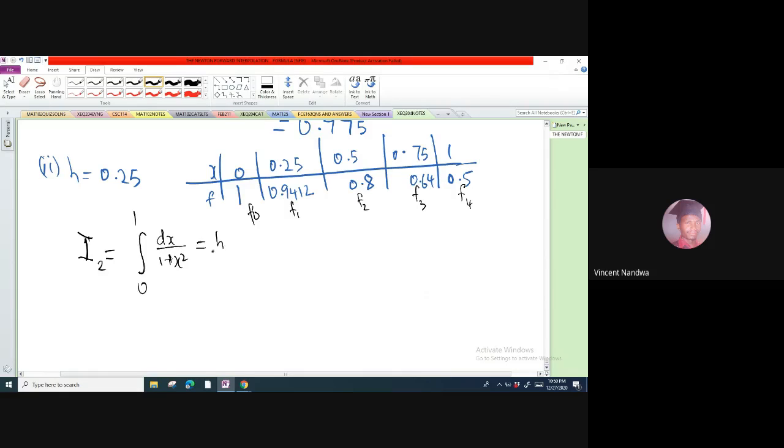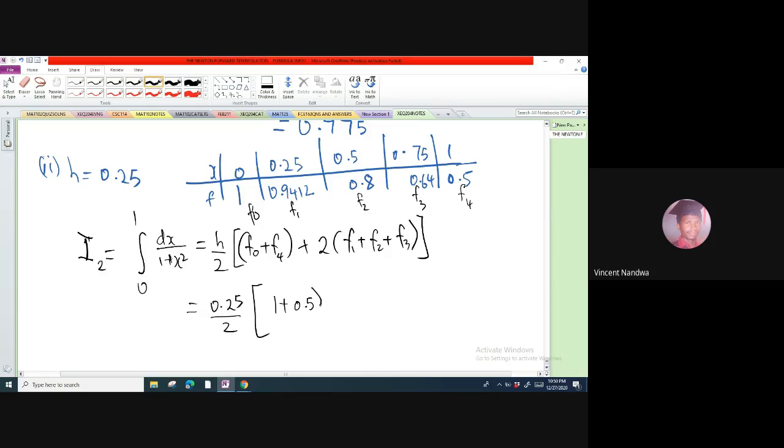By trapezoidal rule, we have h over 2 into f0 plus f4, and then plus 2 into f1 plus f2 plus f3. This will be 0.25 over 2 into 1 plus 0.5 plus 2 into 0.9412 plus 0.8 plus 0.64.